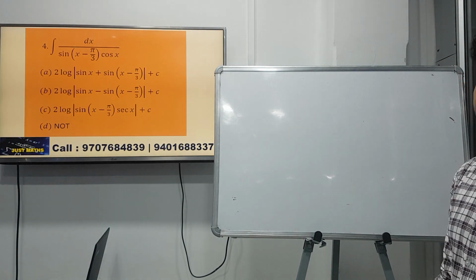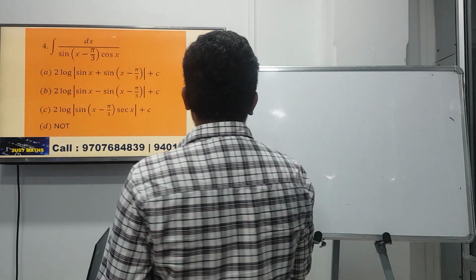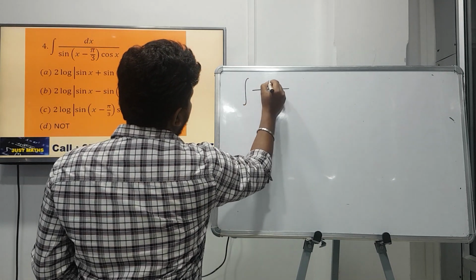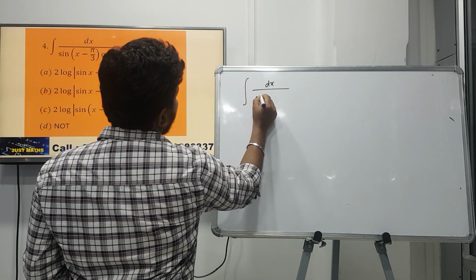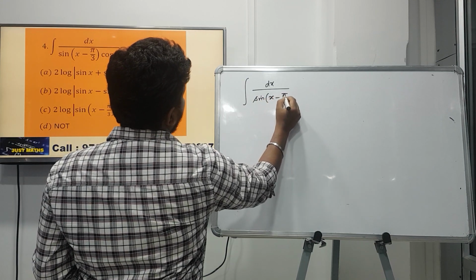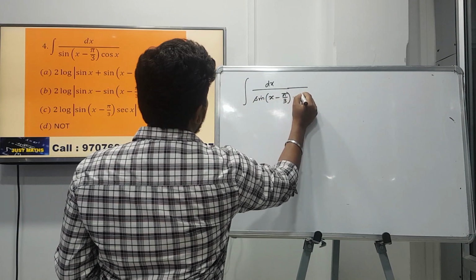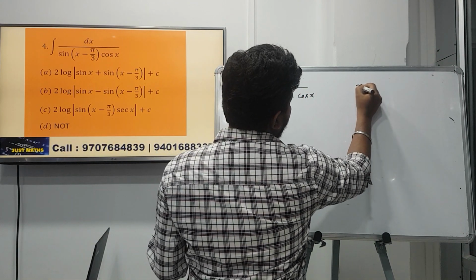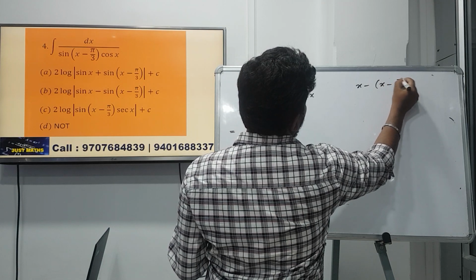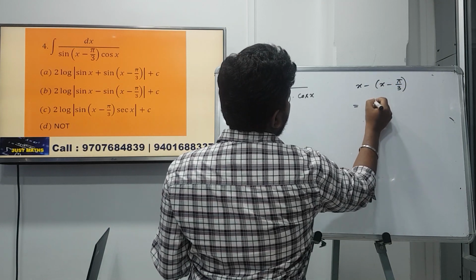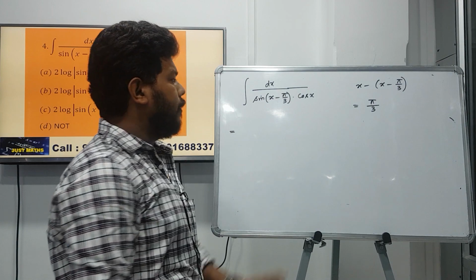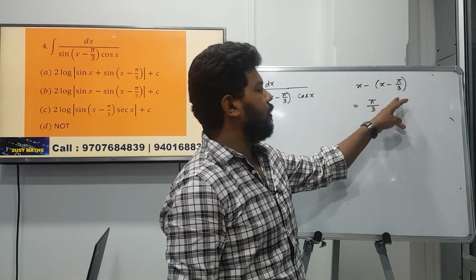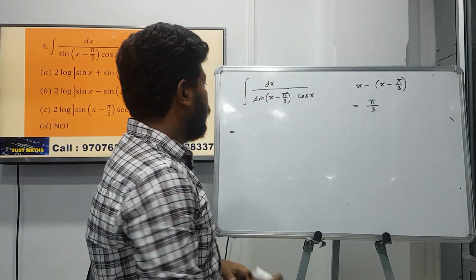Now, how to integrate this? You are given dx by sine of x minus pi by 3 into cos x. Now, the difference of the angles x and x minus pi by 3 is equal to pi by 3.